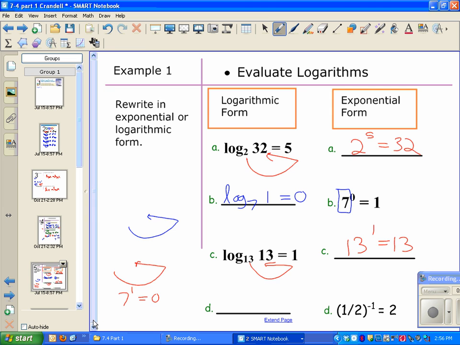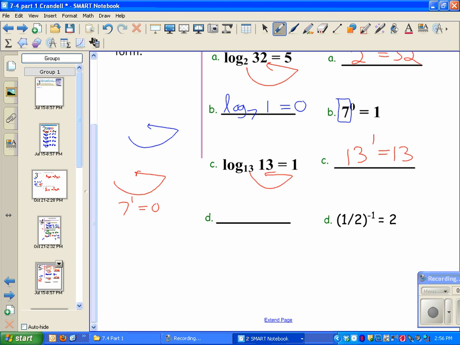Right, and then this one, what is the base? This is the base right here, so this is going to be log base 1/2. And then we could put 2 equals -1, and we can just double check.